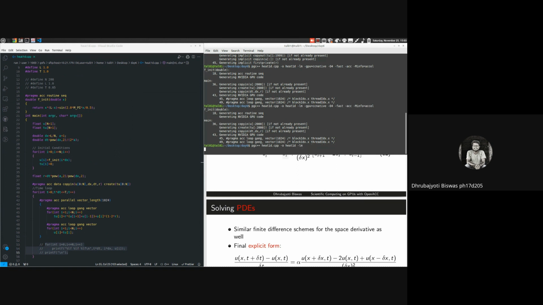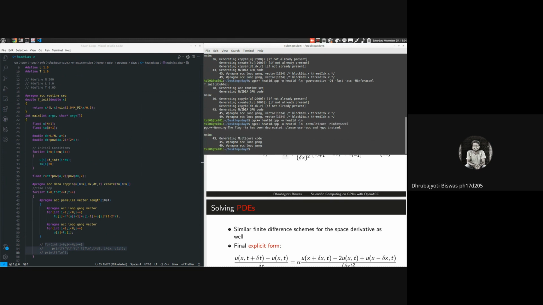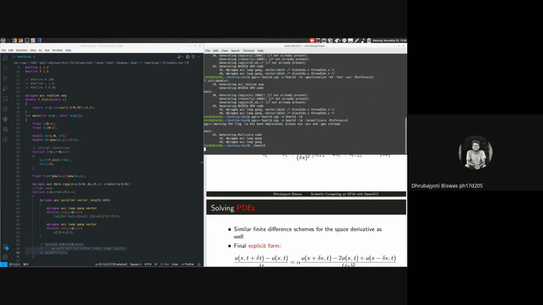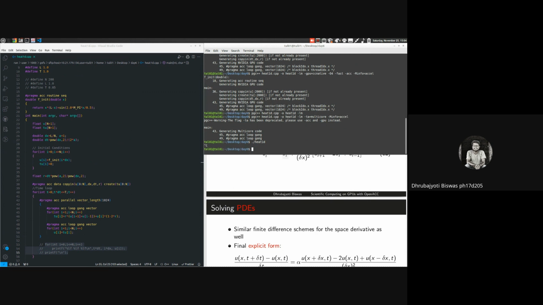Yeah, it will be just this. -ta=multicore -Minfo=accel. Okay, let's run it on this one. It will take a bit of time to run. Okay, I'll just put time in front of it so that we can count how much time it is taking.